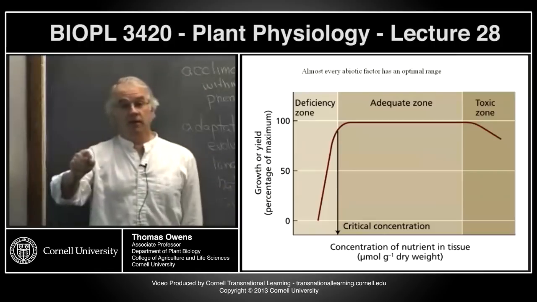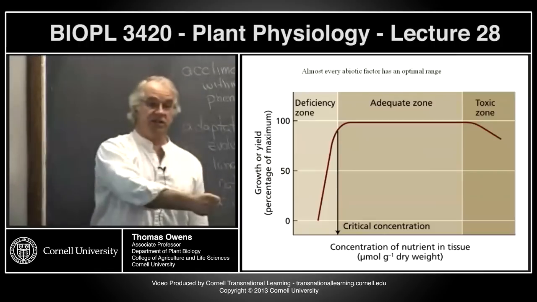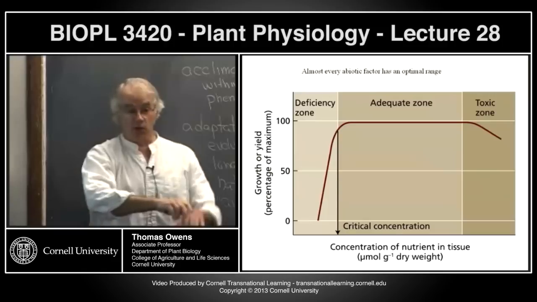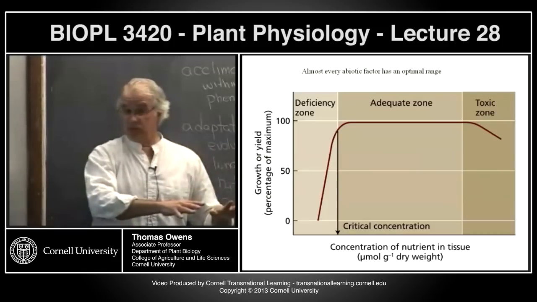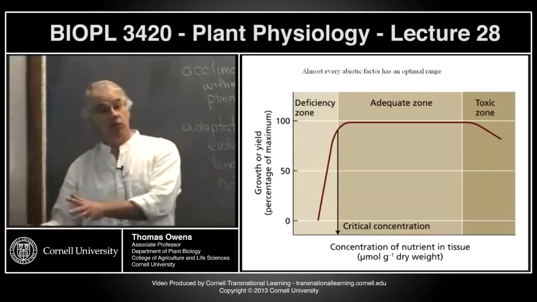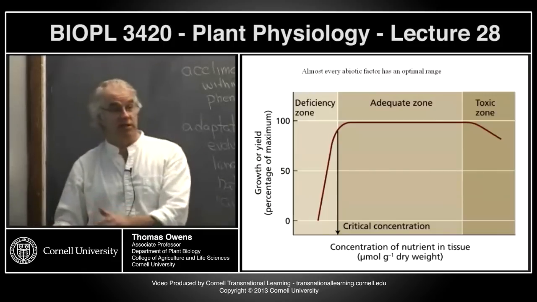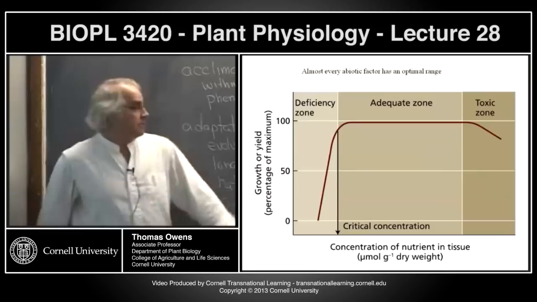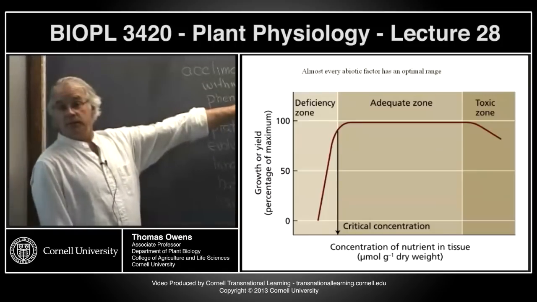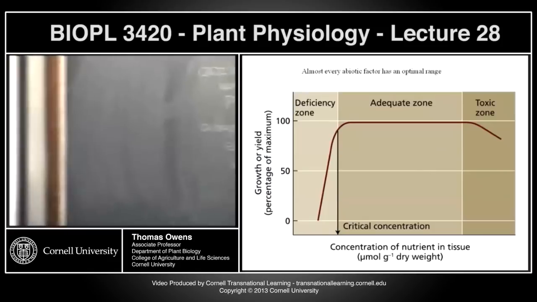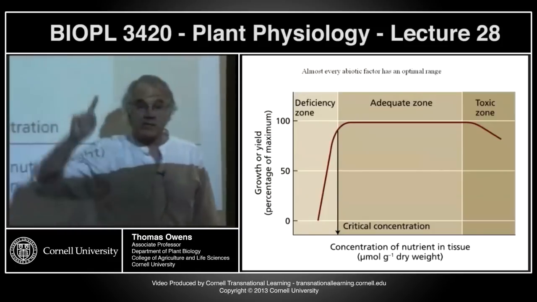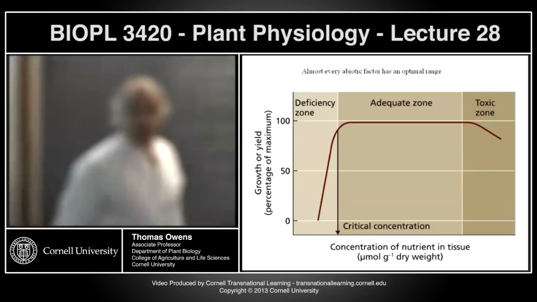If you take the plant that's growing in the sun and move it to the shade, the new leaves that emerge are broad and flat. If you take the plants that are growing in the shade and move it over into the sun, the new leaves that emerge are narrow and upright. That represents a phenotypic plasticity in the plant that basically extends the range over which the plant is growing optimally.